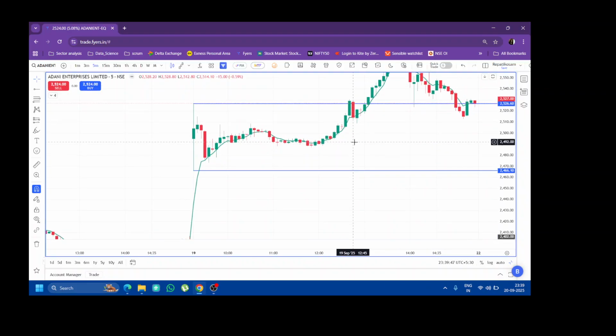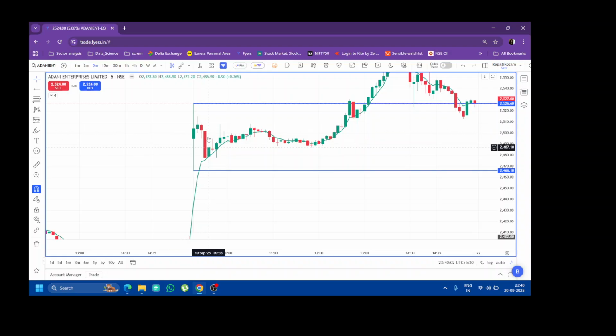So that was the confusion I had with the first 5 minutes candle. Correct, we need to see how the first 5 minutes candle is moving to take the further trades. So the first 5 minutes candle became such a big one, I was not able to take any trade.